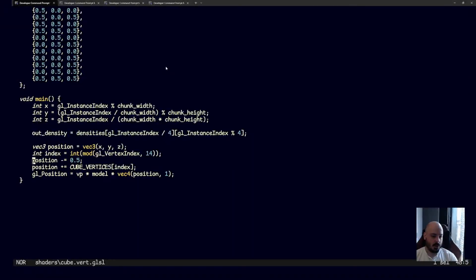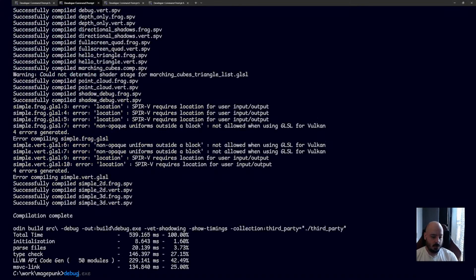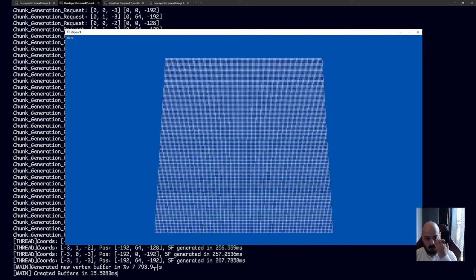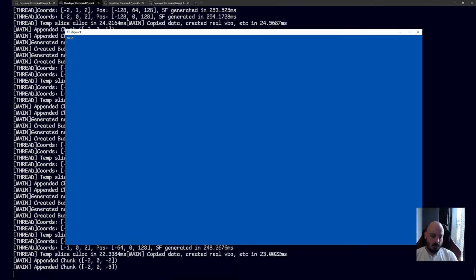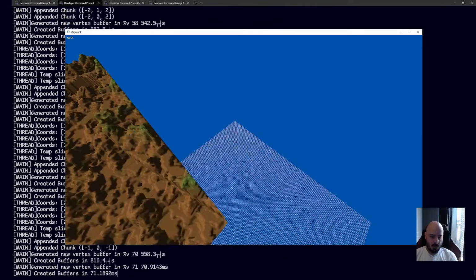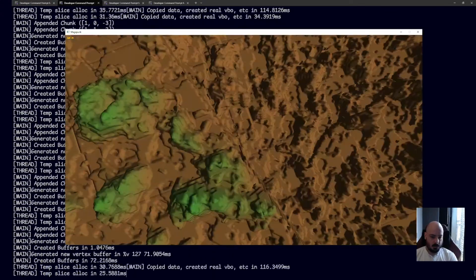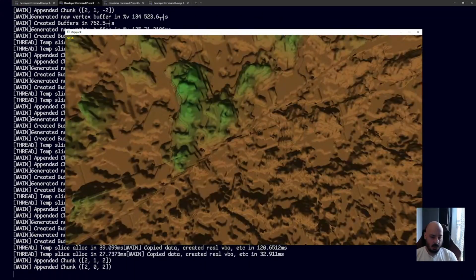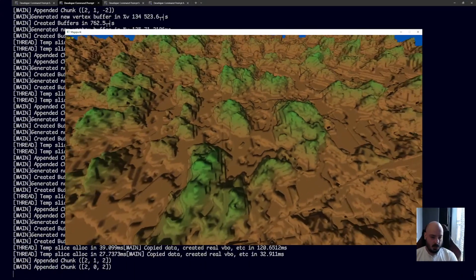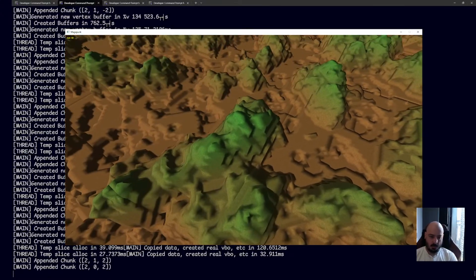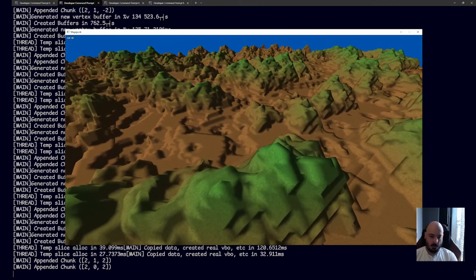Oh, actually, I can just show you the version that I've already got, I think. So this is the outdoor terrain that I was working on before, but I'm now working on indoor terrain. I don't want to do an outdoor world. I want to do a cave world kind of thing. You can kind of see here what I'm talking about. We just go down.